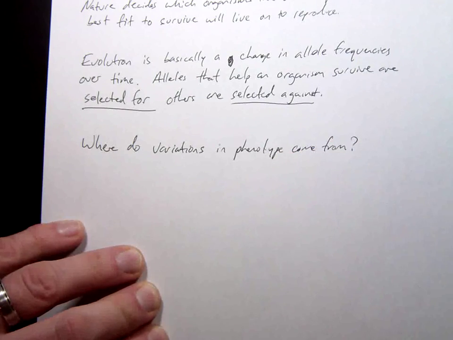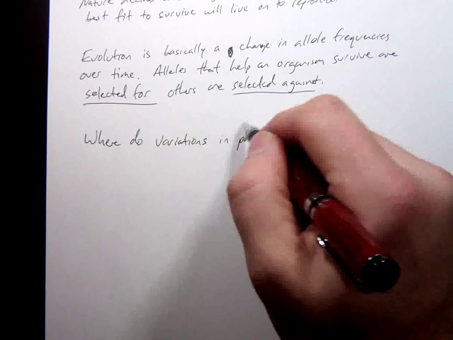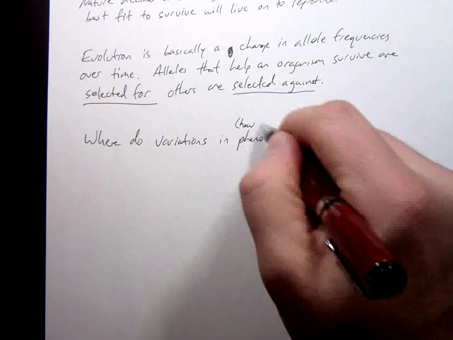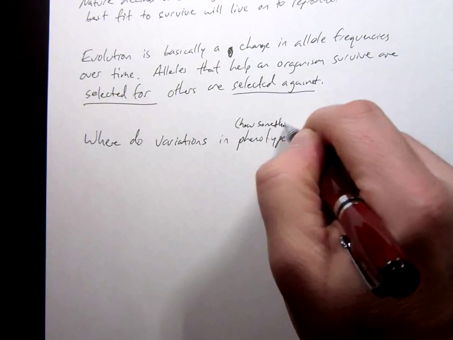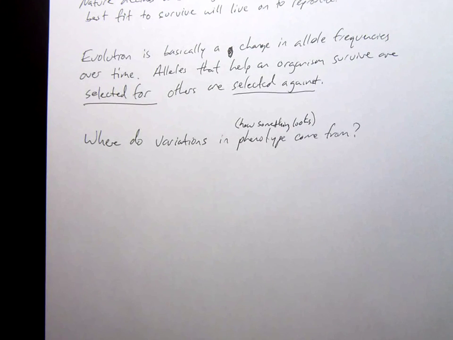Where do variations in phenotype come from? In other words, how something looks: claw shape, beak length, shell type. Where do these variations come from? What's that say about phenotype?